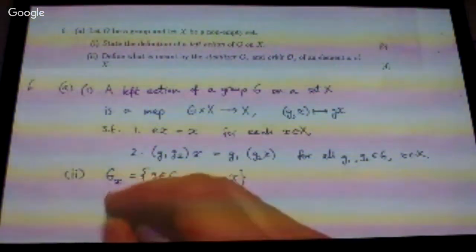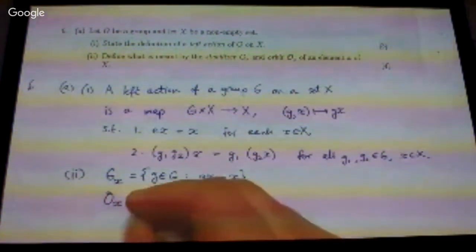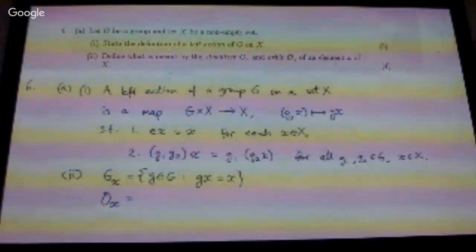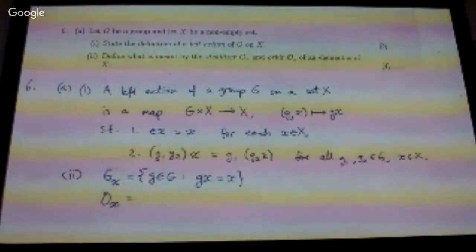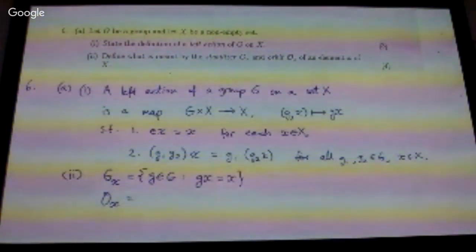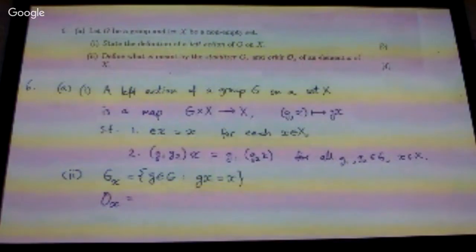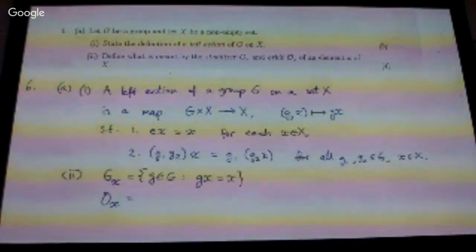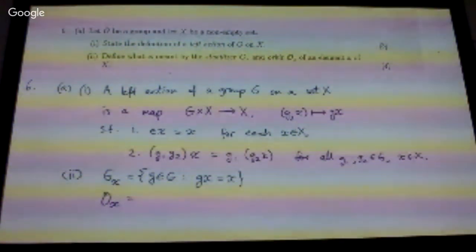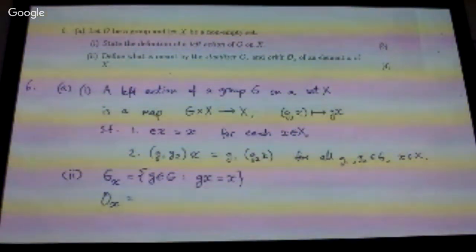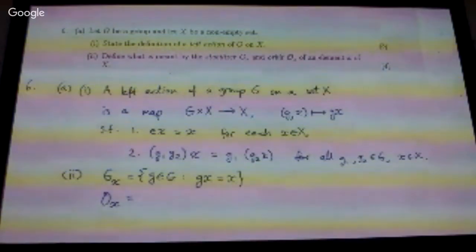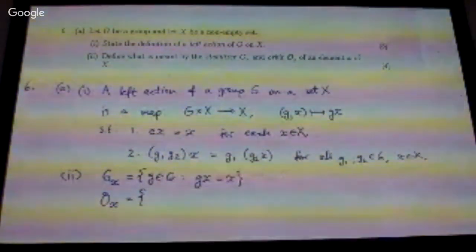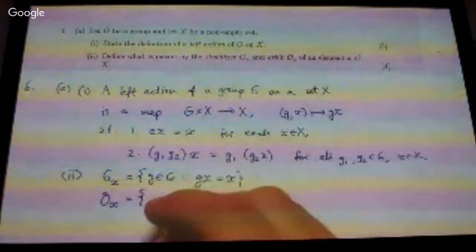And the other one was the orbit. The orbit of an element X is all the other elements in the set being acted upon that X can go to. We've had many examples again, but perhaps you will remind yourselves.